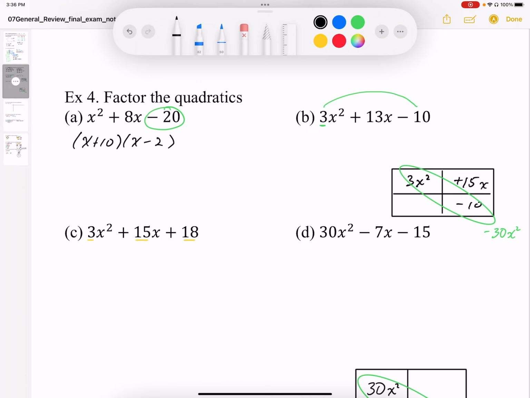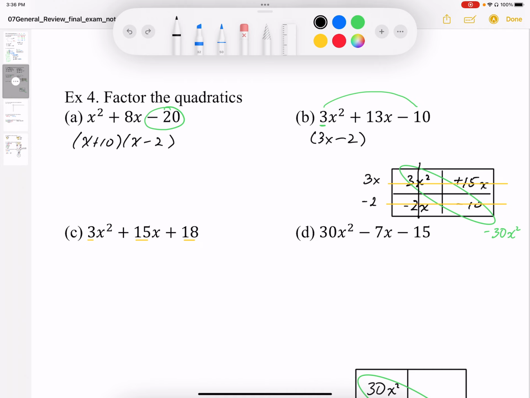So we're going to have positive 15, negative 2. And then we can work out our factors by looking for common factors along here. So between 3x and 15x, we have a common factor of 3x. Between negative 2 and negative 10, we have a common factor of negative 2. So we're going to end up with 3x minus 2 as one factor or one side length.